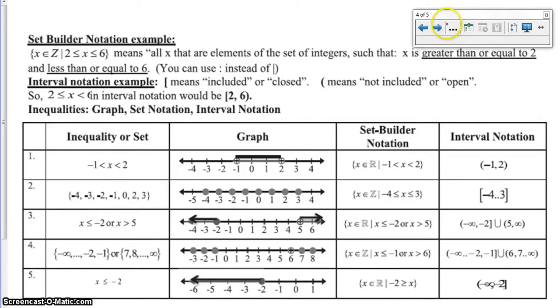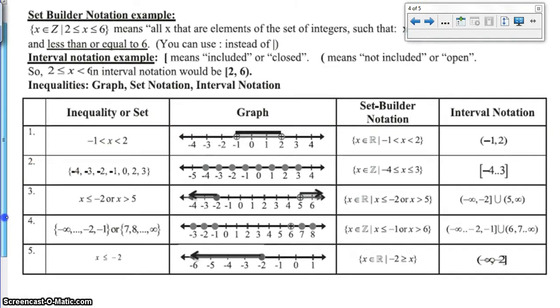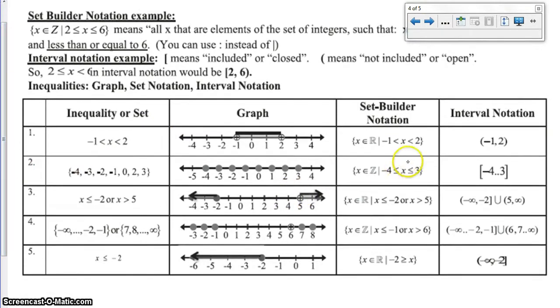Okay, so set builder notation. I hope that you take a good look at this. Take a look at the graph, the inequalities, the set builder notation, and the interval notation. Make sure that you write some of these down in your journal and be prepared to ask me questions tomorrow.